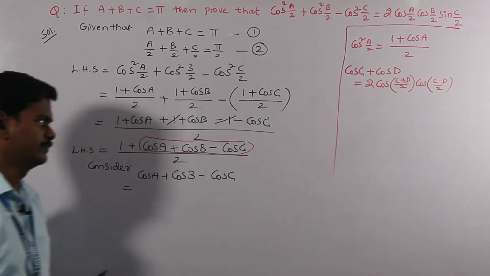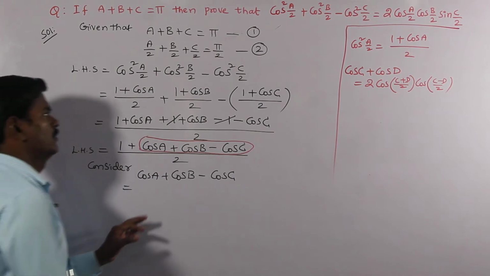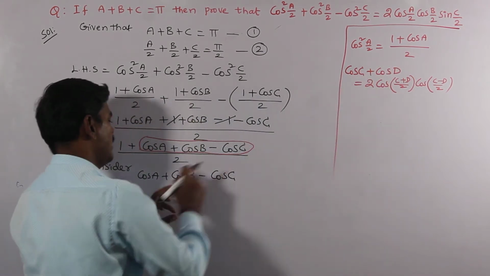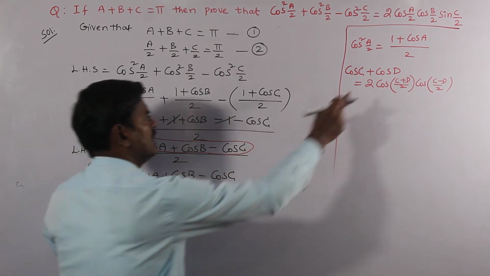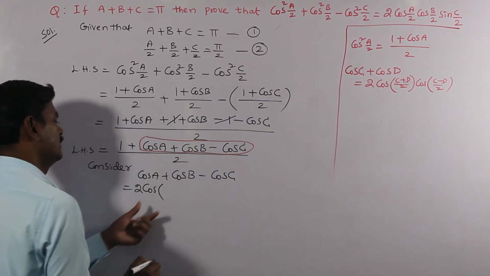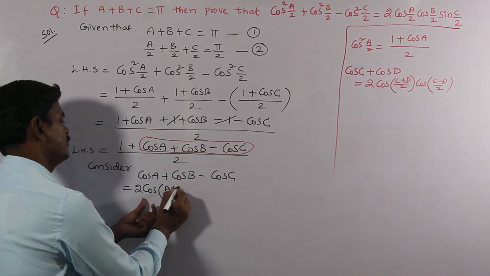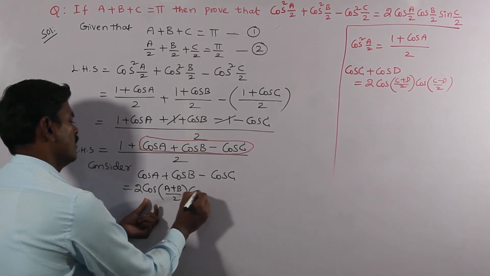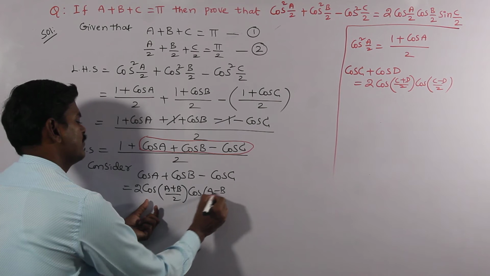That is the formula. So in this formula, replace C with A and D with B. If I do so, 2 cos of A plus B by 2 into cos of A minus B by 2.